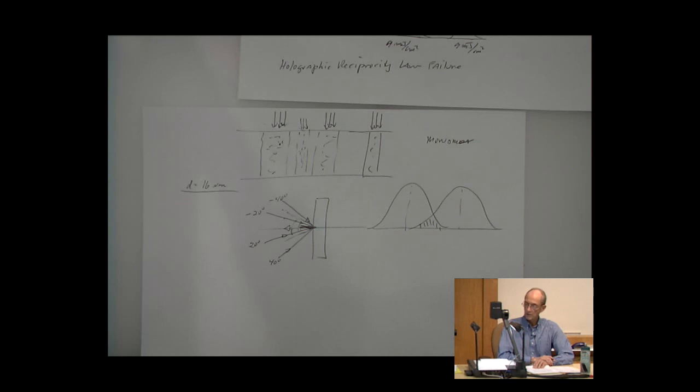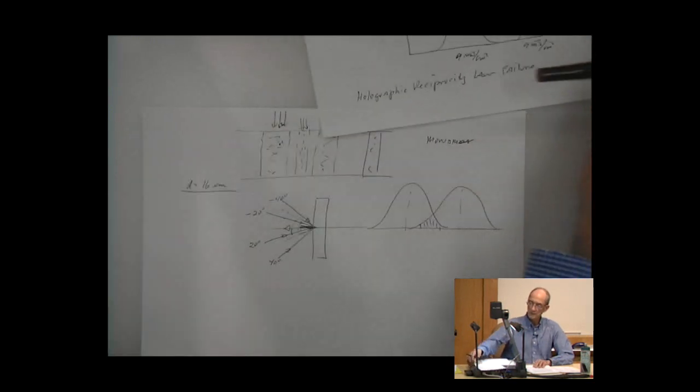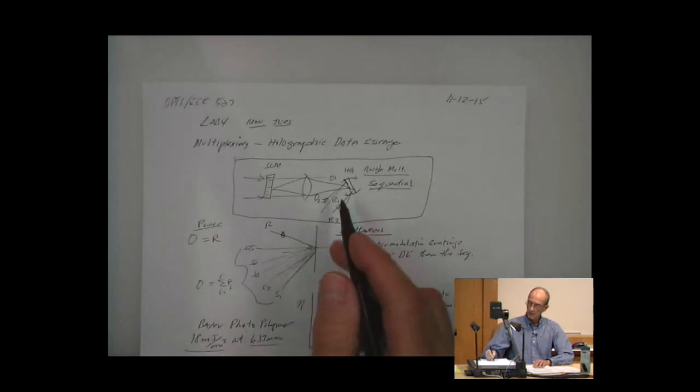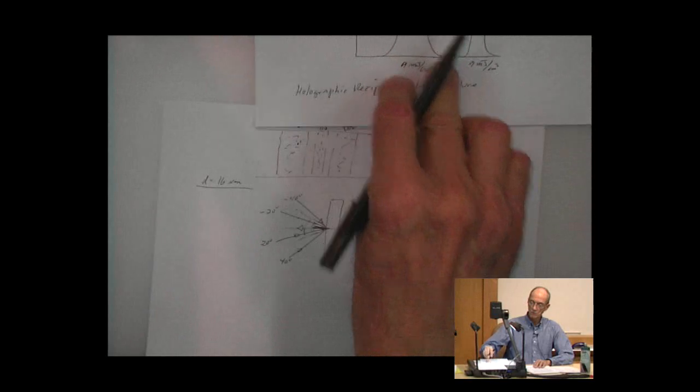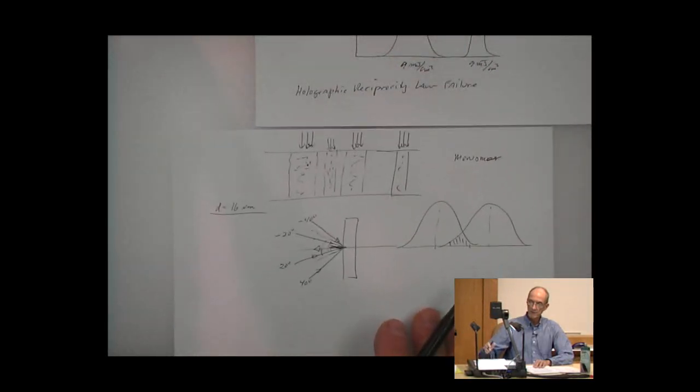So if you were, for instance, in a data storage system like this, that intermodulation that you have is going to cause an error in your detection process. And so your bit error rate or your error rate that you're going to end up with for the storage system is going to be higher in that system.